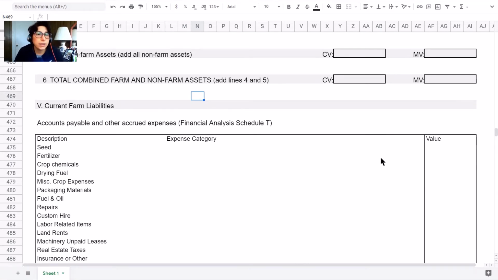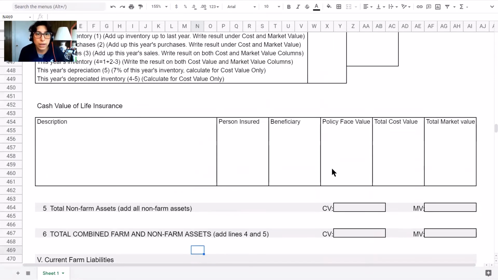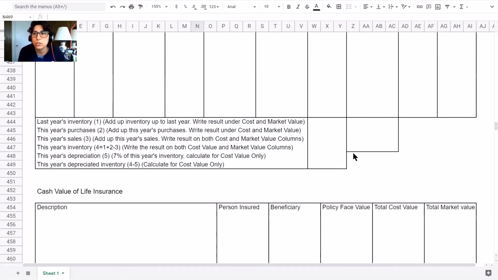Values for intermediate and long-term assets should be determined using both the cost value and the market value. The cost value is the purchase price minus any depreciation taken to date, which you do by just following all of these instructions. This should ideally be consistent with income tax records, but it may not be.